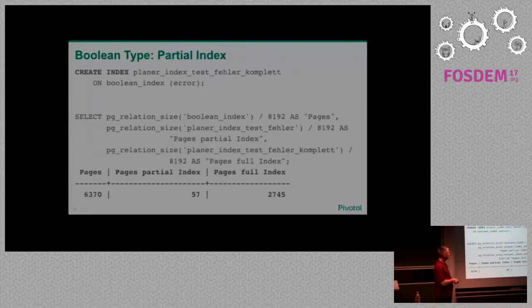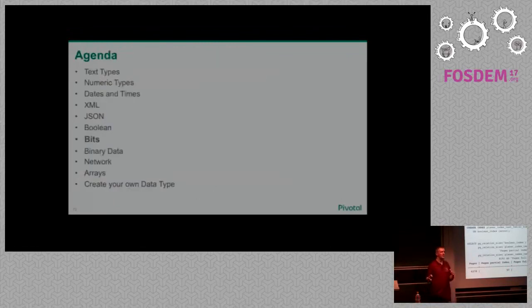My full index on this table is roughly 3,000 pages, and my conditional index is 57 pages. And out of these roughly 3,000 pages, 2,700 I will never ever use because it's my 98% of non-errors. I can't use this one.